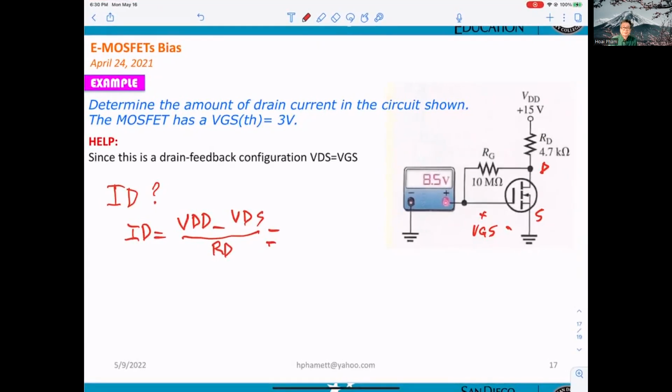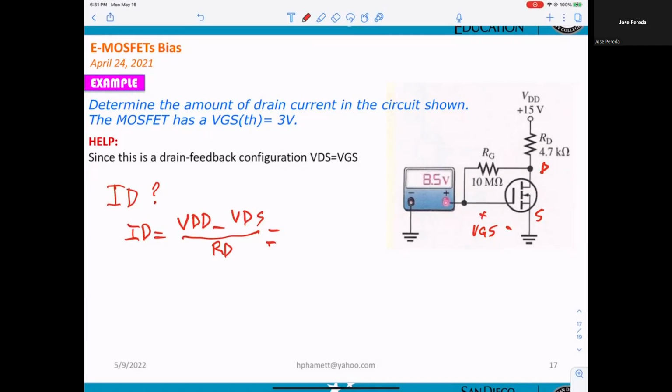Okay, see what you get. That's 2.5 milliamp.